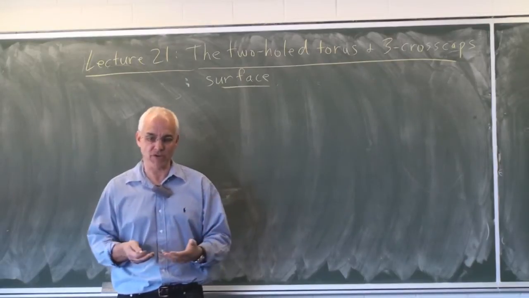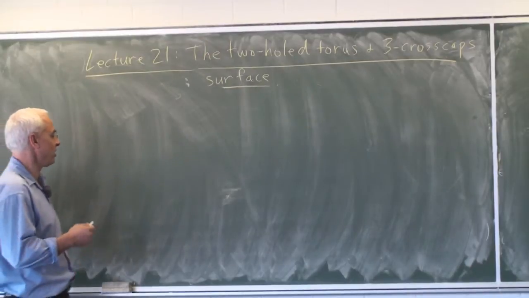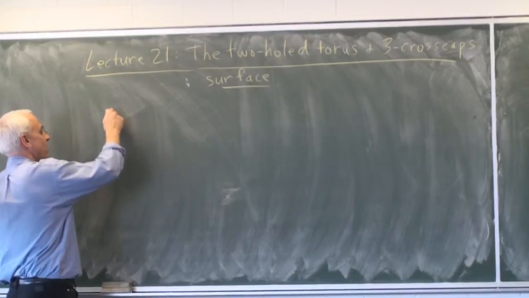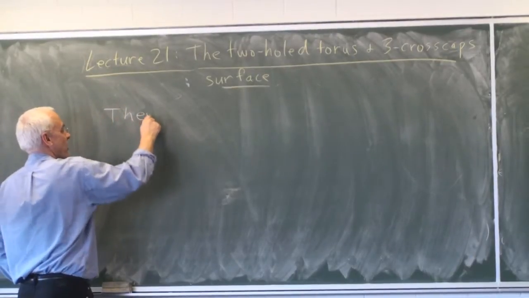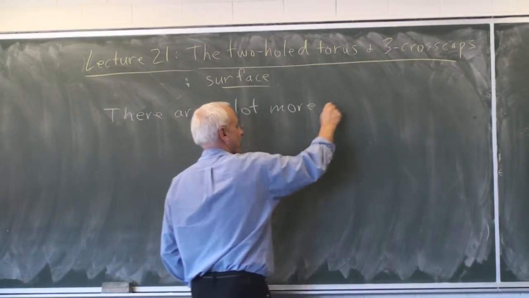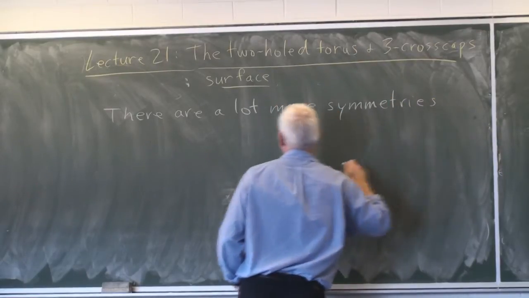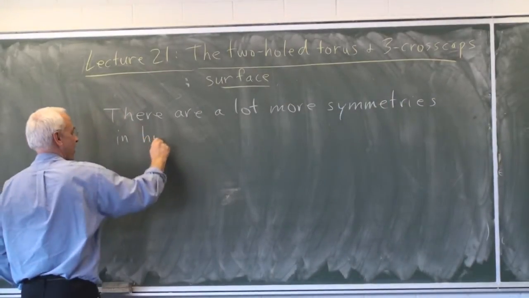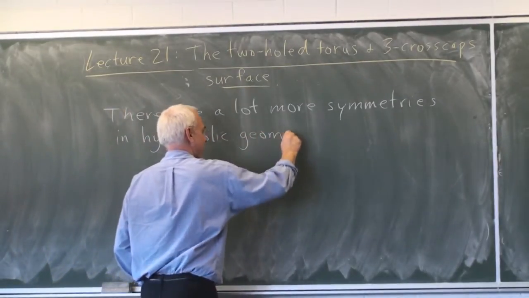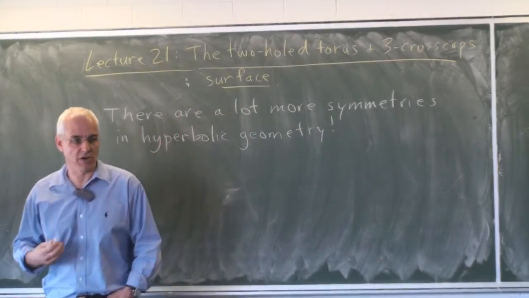In other words, given a geometry that's essentially hyperbolic, at least locally. And what we're going to really use here is a fundamental and deep fact, that there are a lot more symmetries in hyperbolic geometry than in Euclidean geometry or in spherical geometry.